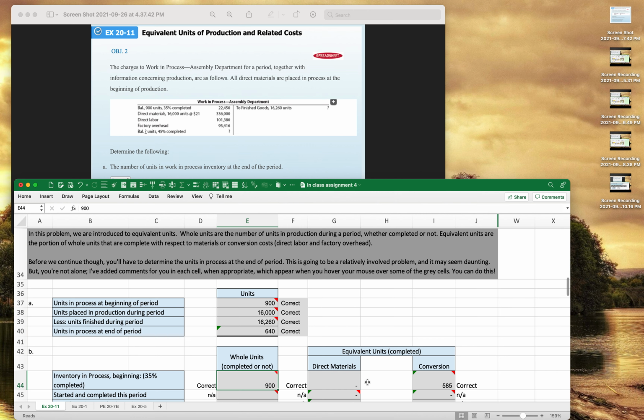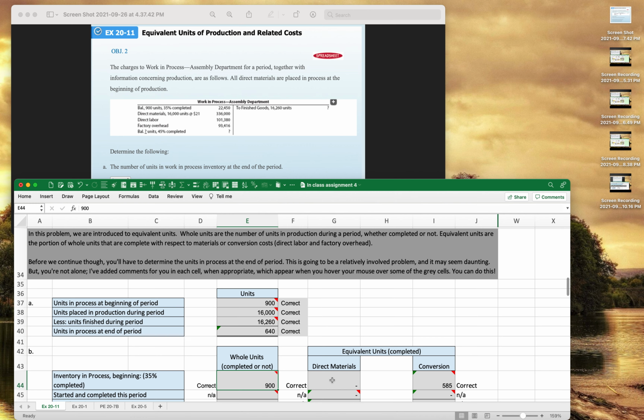And the answer is no, because all direct materials were placed in the process at the beginning of the production. So let's say we're making paper airplanes, just as an example, and all of the material we needed to make those paper airplanes were placed in the process at the beginning of production. That means they're already there.